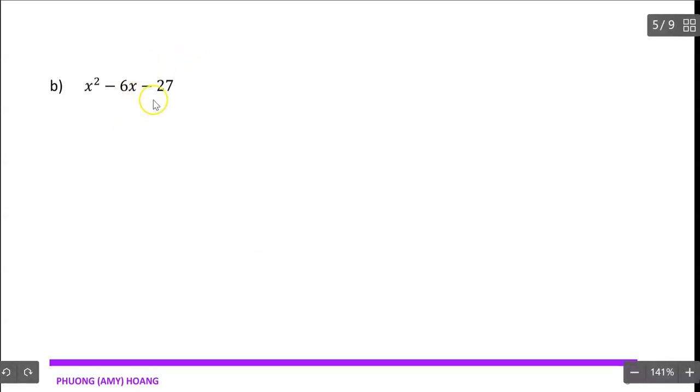If you have a negative here, that means one of your numbers has to be negative, the other has to be positive. So just keep that in mind. Take a look at the sign as well to consider what numbers you should choose from the set of all the numbers in your head.